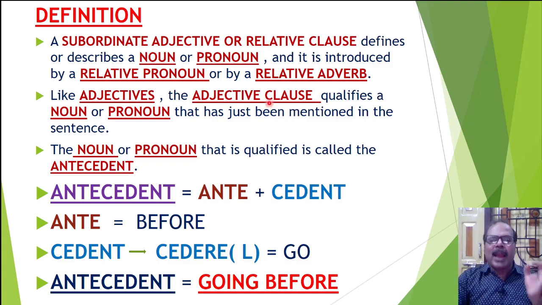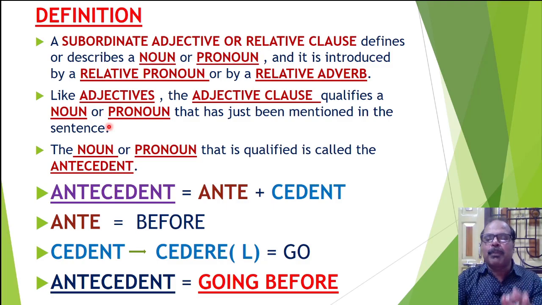Similarly, an adjective clause qualifies a noun or pronoun, and that very noun or pronoun is present in the sentence immediately. That means it has just been mentioned in the sentence. Usually the adjective clause is placed after the noun or pronoun which is qualified.